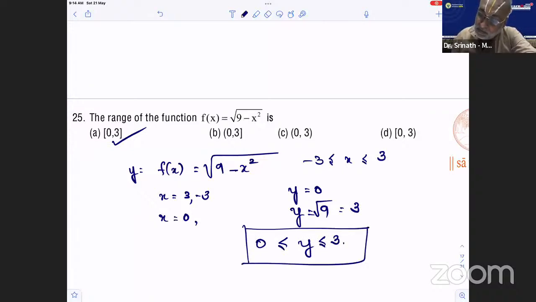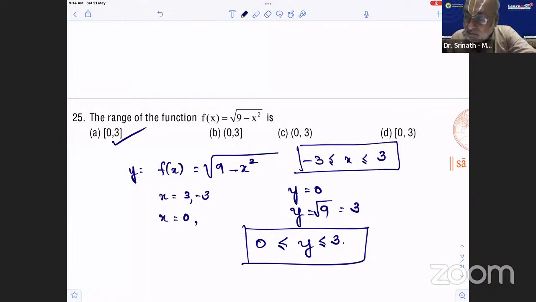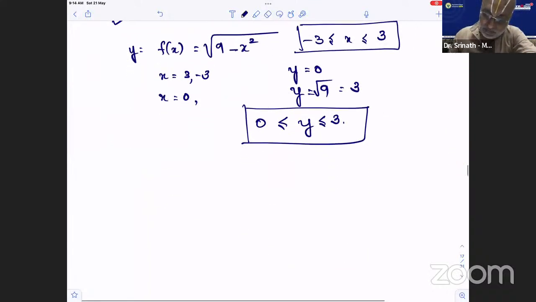So this is the range. This is the domain. So values taken by x, domain. Values that can be taken by y, we call it the range. So therefore, the first option is the correct answer. Next, please.